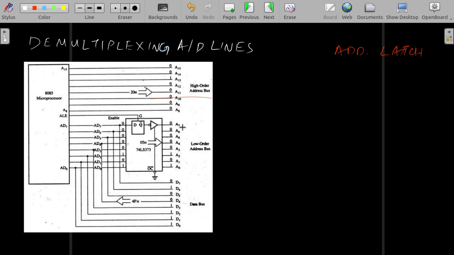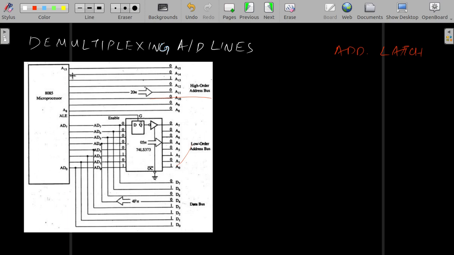But after the latch is enabled, no matter what changes come here, it won't reflect here. Whatever data was here at the time of enabling the latch will be secure here. We are using that property of the latch for saving the lower order address, and using these lines as the data bus, right?